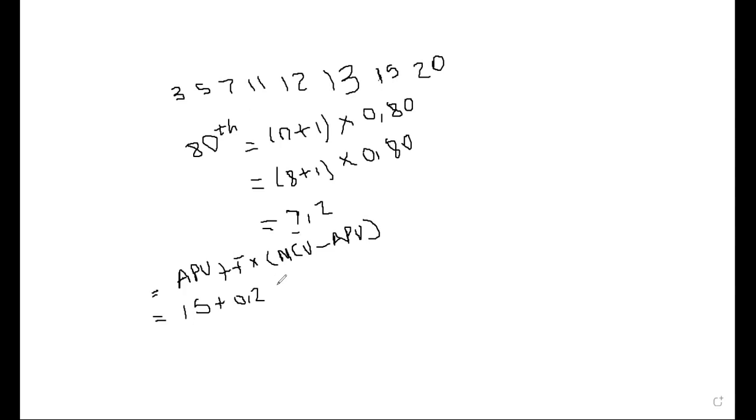Then you multiply 0.2 by the NCV, the next consecutive value. After 15, it follows 20, meaning it's going to be 20 minus the APV, which is 15.